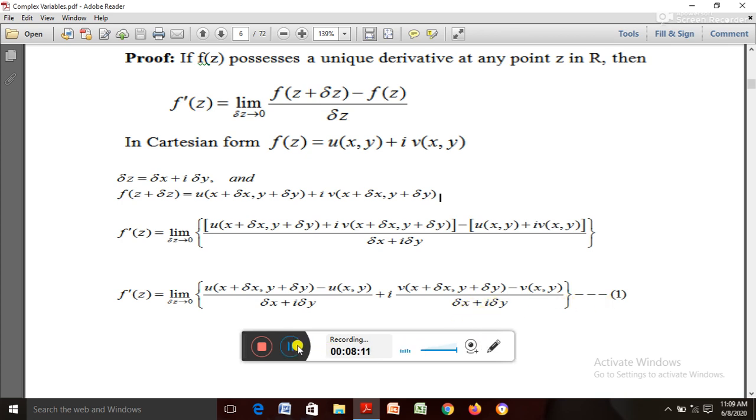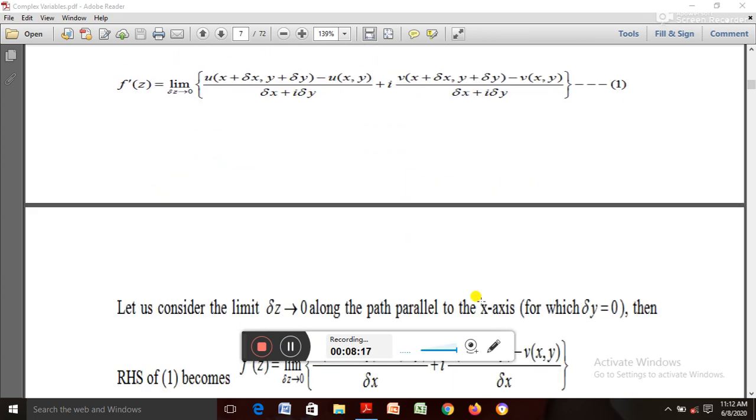Let us denote this as equation number 1, where real and imaginary parts are separated.